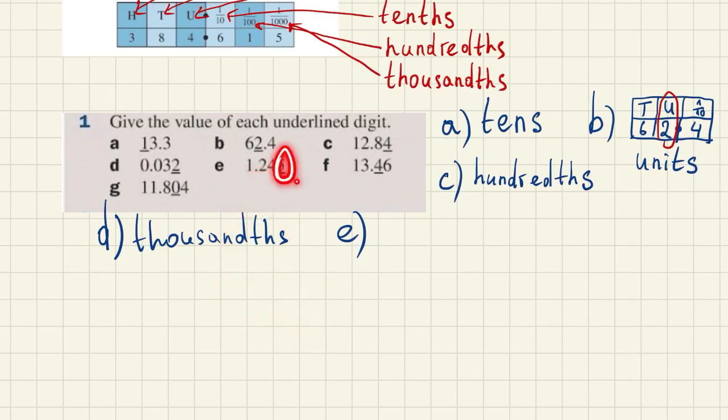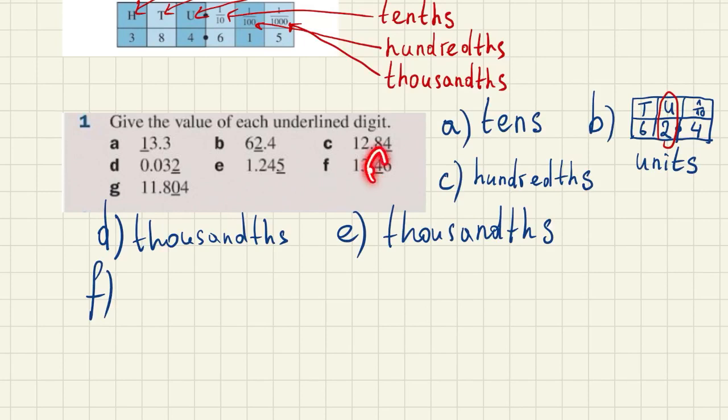And then finally this is again thousandths. In F we have tenths, right? Right after the decimal point we have tenths. And finally G, this is tenths, and this is our hundredths.